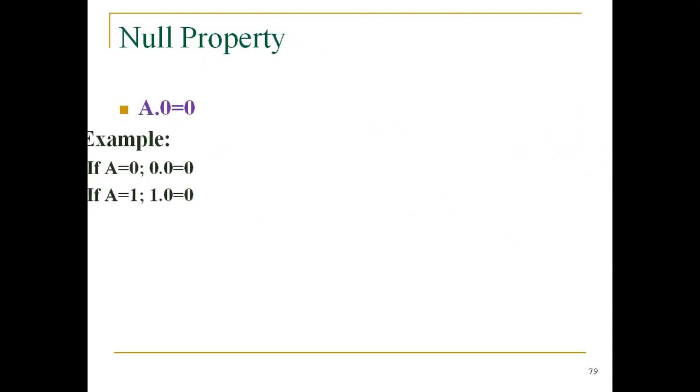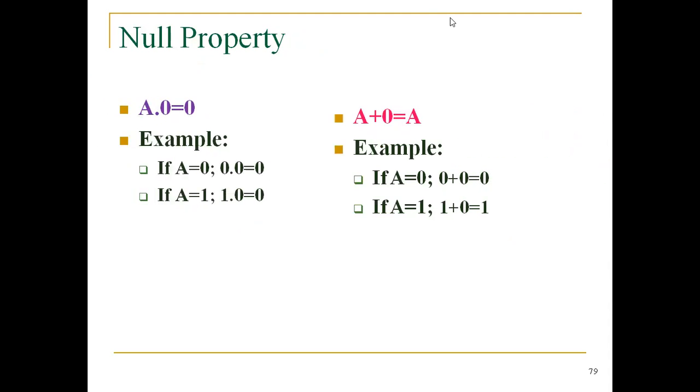Then null property. Very simple. Null means nothing. So if I do any logical multiplication or logical addition by using zero, that means null value. This is the null property. If I multiply the null value with any variable, the result is equal to the null value. If any variable is logically added with it, the result is the variable.